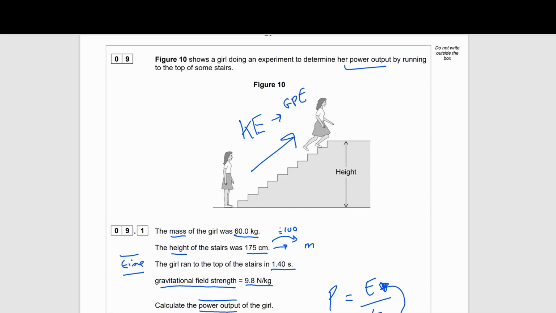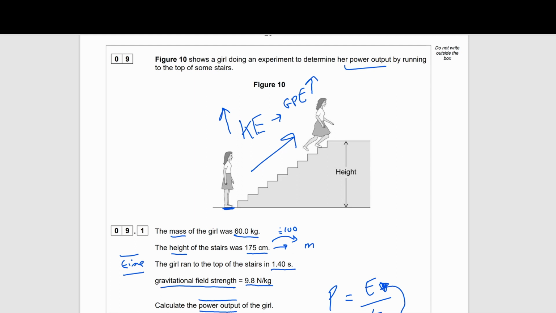But if you notice, at the beginning of the experiment, the girl is standing still. And then she moves. So realistically, what is actually happening is there's going to be an increase in the kinetic energy, and then that will lead to an increase in the gravitational potential energy.